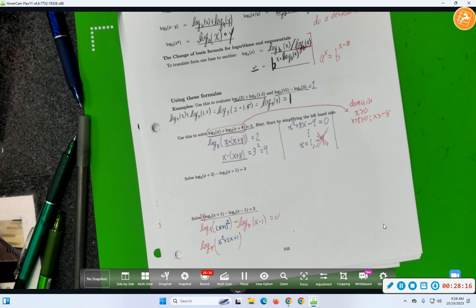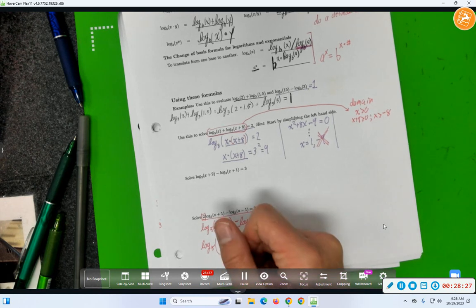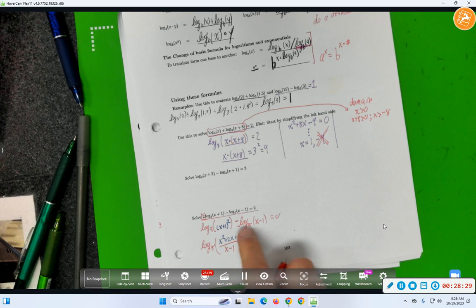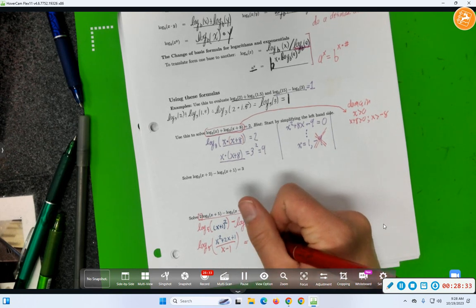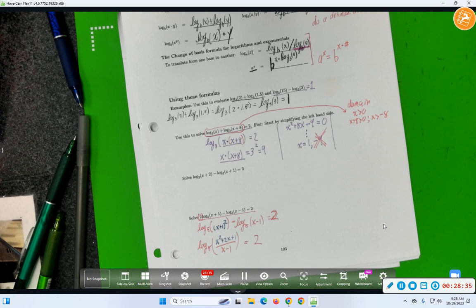And what can I do with the minus log base 5 of x minus 1? I can divide that. Let's do that division, divided by x minus 1. Subtraction becomes division. Equals, not 0, equals 2. Cool. All right. Now we have it down to just a single log.